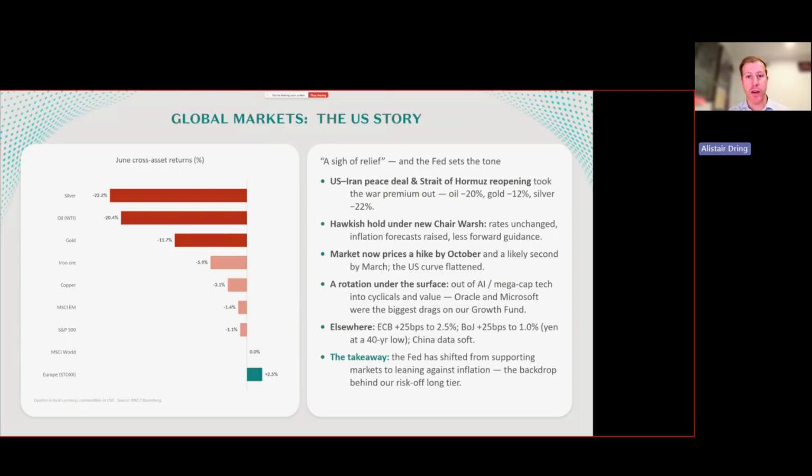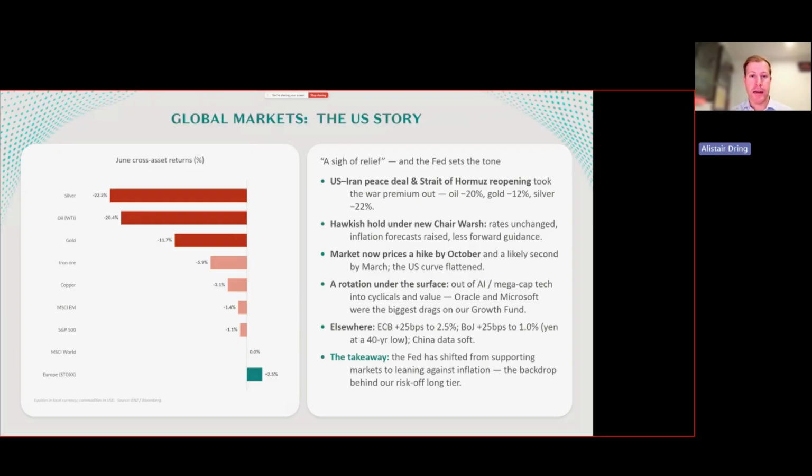Quite a significant move out of large AI and sort of global mega cap tech names. Oracle, Microsoft, were big drags on performance over the month, but we were offset with some more defensive weightings, which were positive.